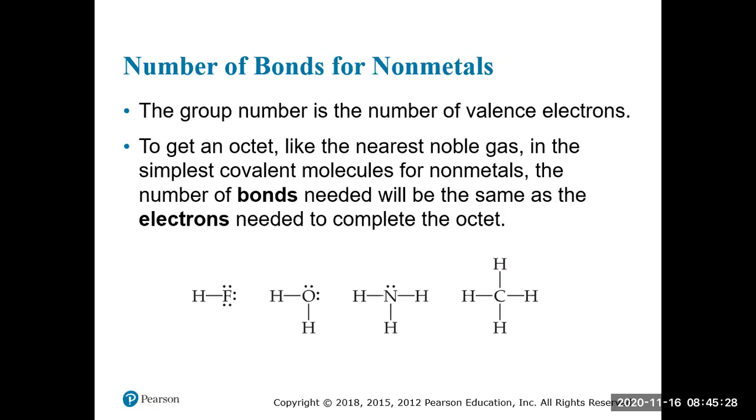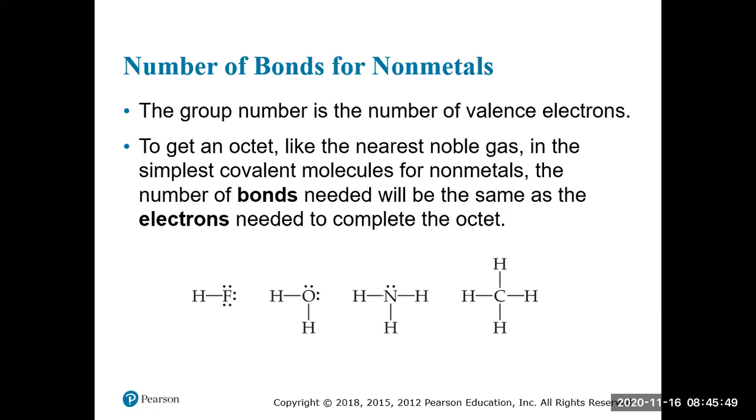And so what we're trying to do is figure out the simplest molecule arrangement for the nonmetals that we can get to complete that octet. In other words, to get the 8 dots around it. And we have some examples here.